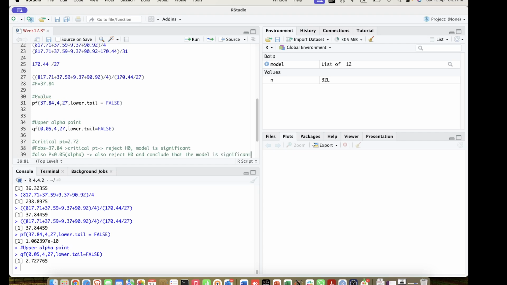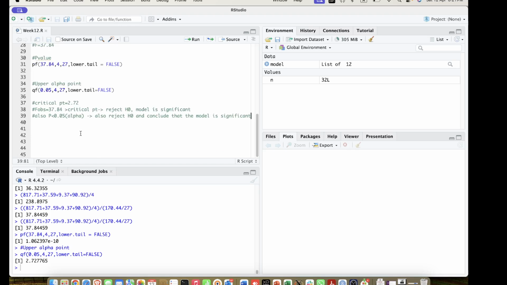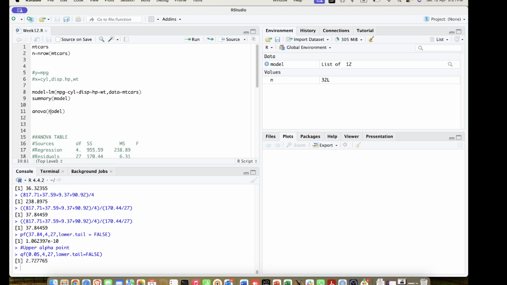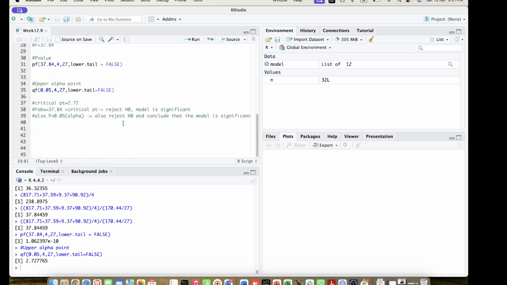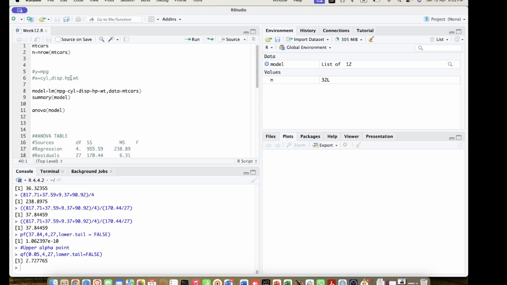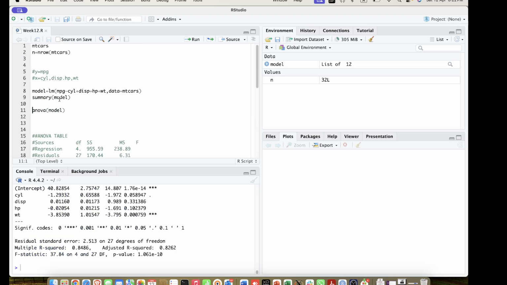In other words, the variation in all of the variables that we've considered is helping to explain the variation in the miles per gallon. Okay, and from here we also learned how to get the adjusted R square and the R square values.